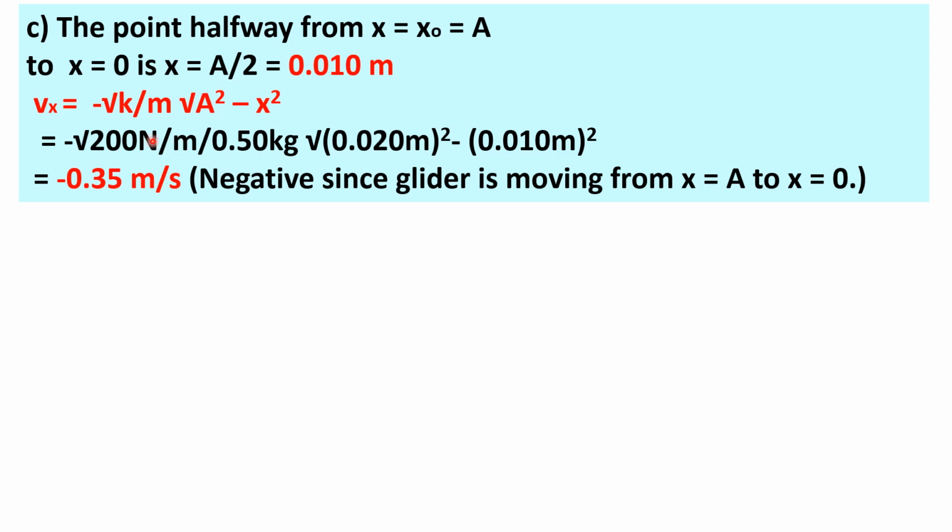So simplifying, we will get for the Vx as equal to negative 0.35 meters per second.